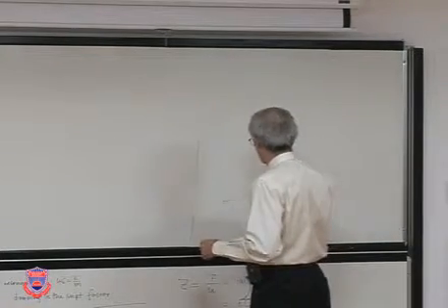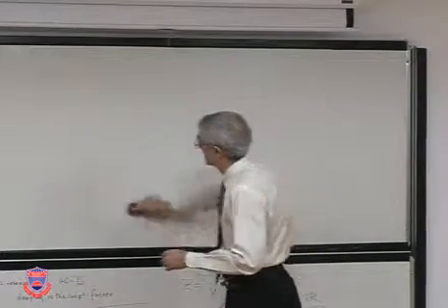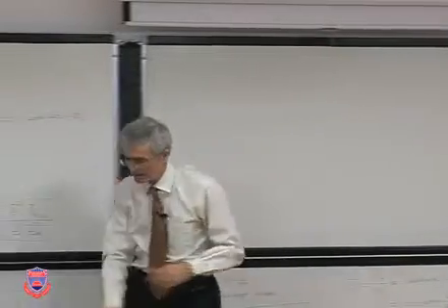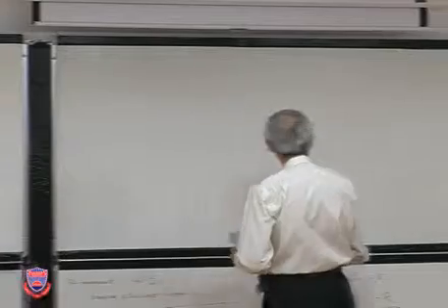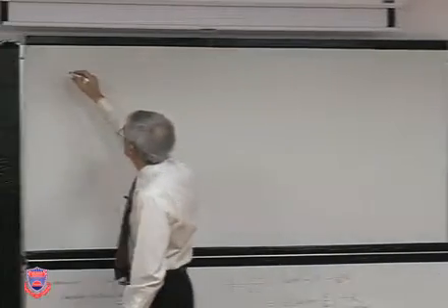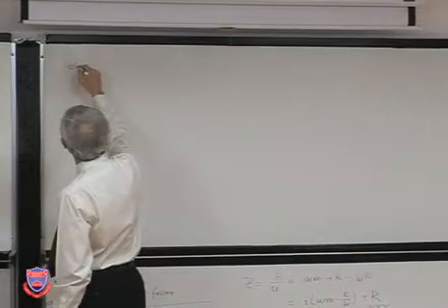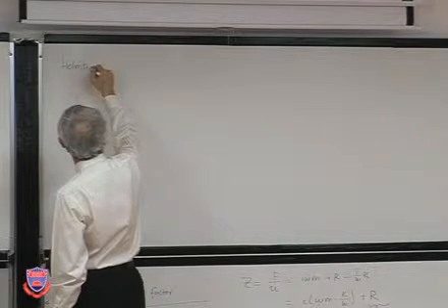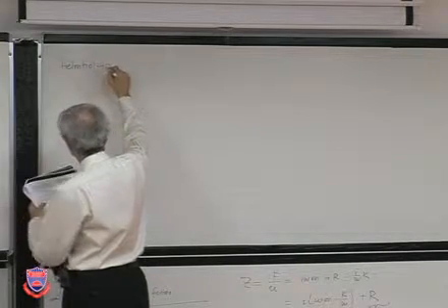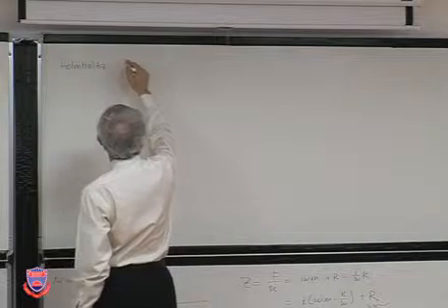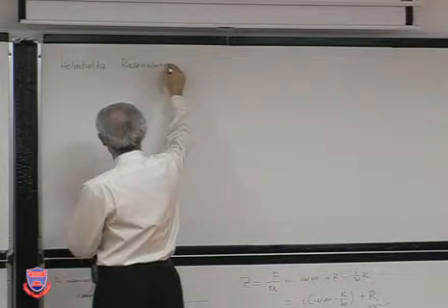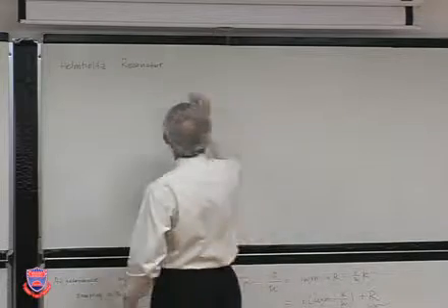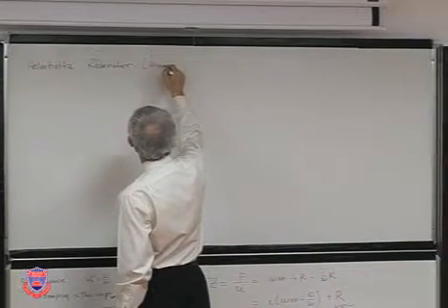So Helmholtz was one of them, and he discovered a number of different things, and this is one of the things that's attributed to him. Helmholtz resonator. Sometimes we call it the acoustic cavity.